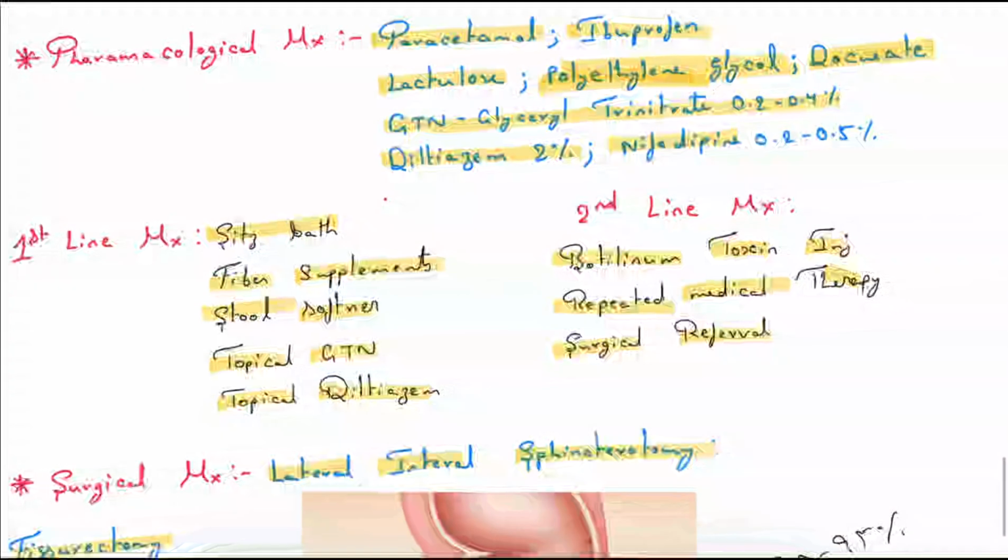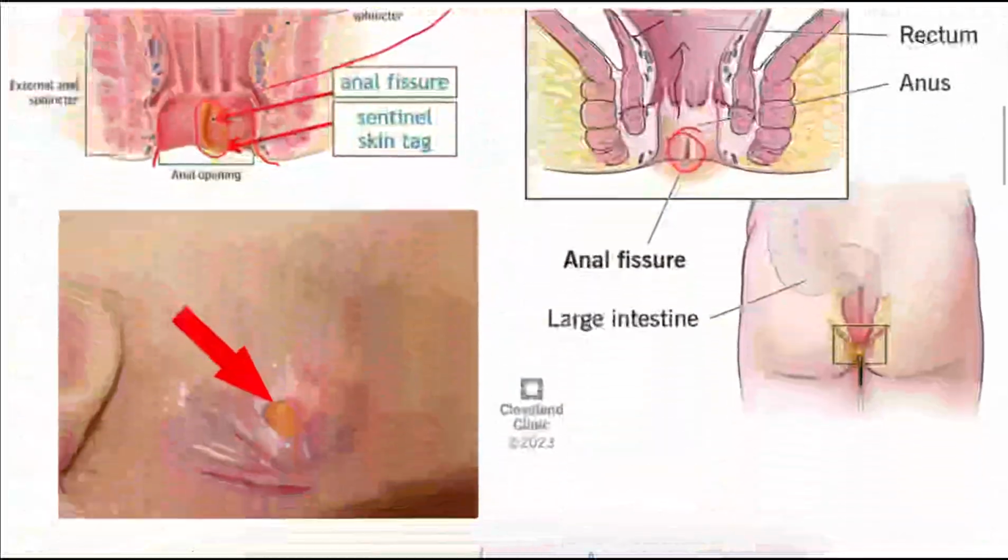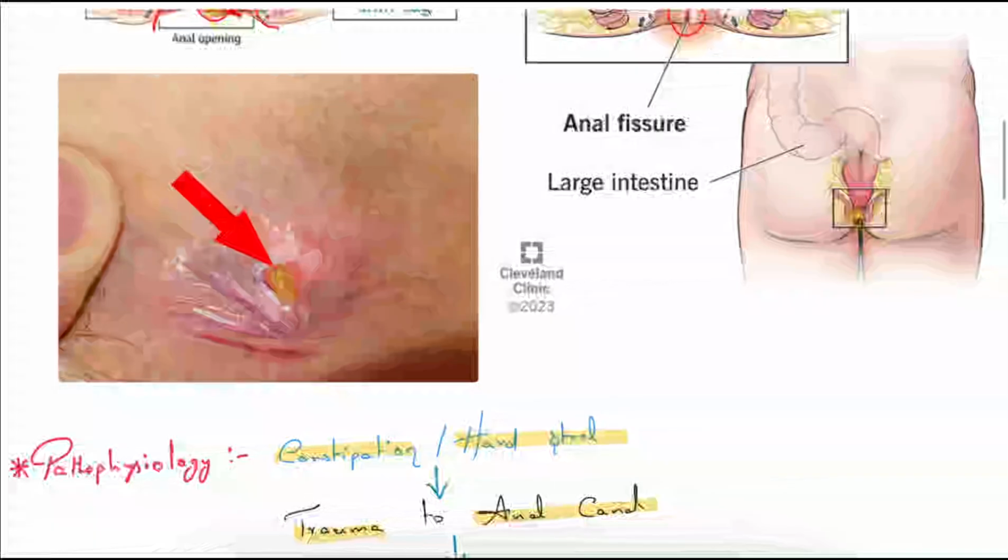Whenever a patient comes to the accident and emergency department or OPD and you suspect anal fissure, if it is less than 6 weeks, that is acute. If it is more than 6 weeks, that is chronic. We have to tell the patient to take fiber food, fluids, sitz bath, and then stool softener. If it is improving, we have to check after 2 weeks. If it is improving, you can go with normal management.